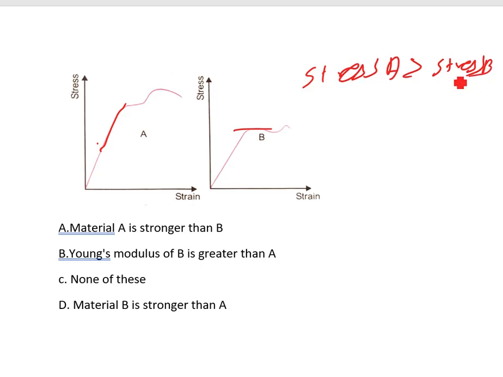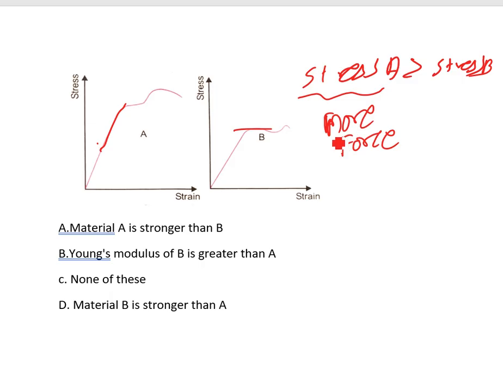Young modulus is equal to stress by strain. As stress is more for material A, it can withstand or absorb more force than B. If it absorbs more force, it can stand more time.